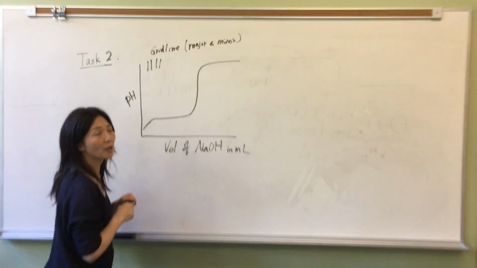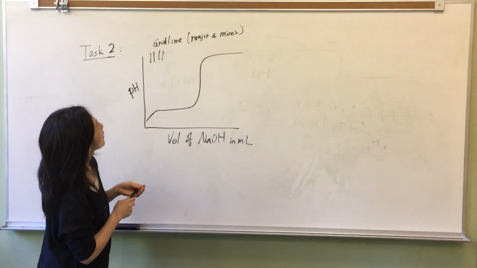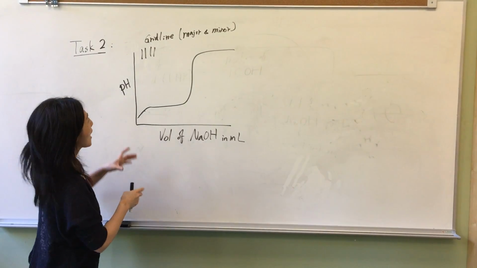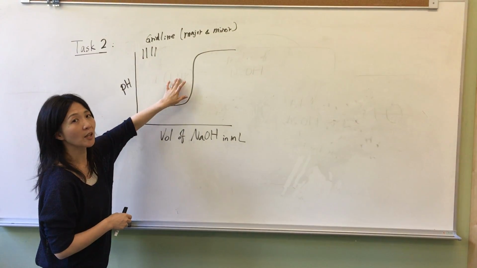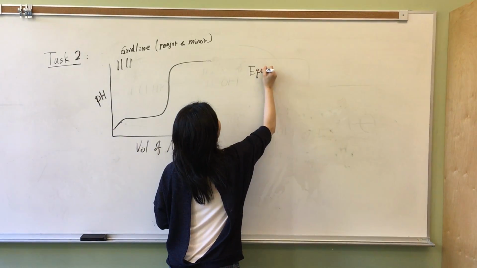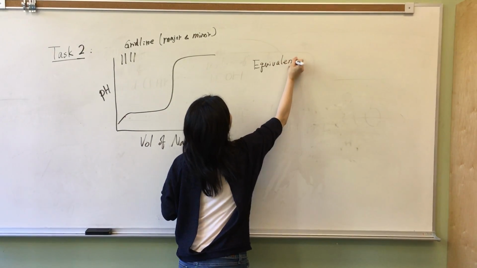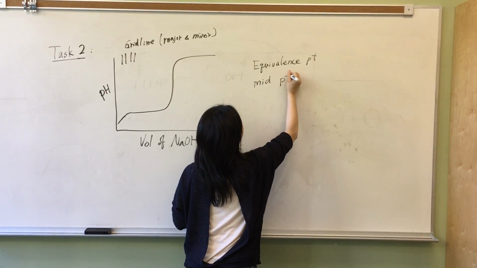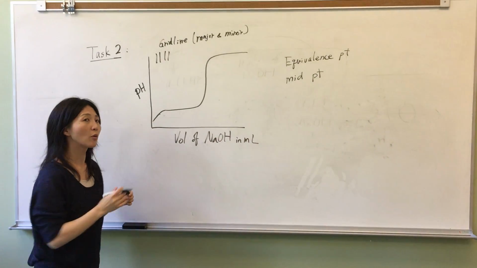We're gonna use the data analysis which is called the geometric method. We're gonna use the ruler and measure the distance and determine the equivalence point and the midpoint. That's our goal on this graph.